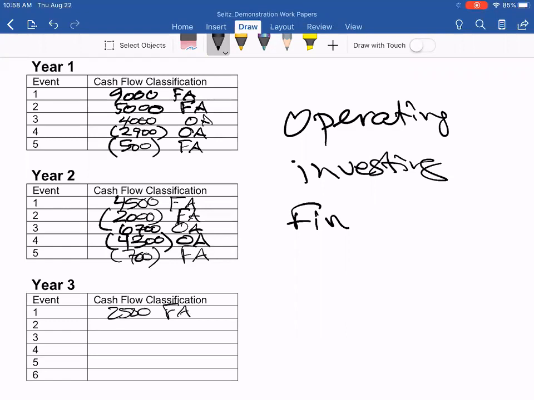They borrowed $1,000. That increased my cash, but it also increased my financing. They provided services. We received cash. This is what we're supposed to be doing. So that's operating. They paid expenses. So I'm going to decrease my cash. Operating. They paid $3,000 in dividends.